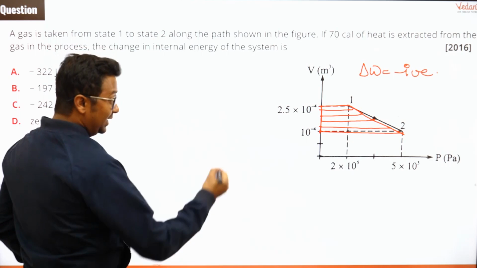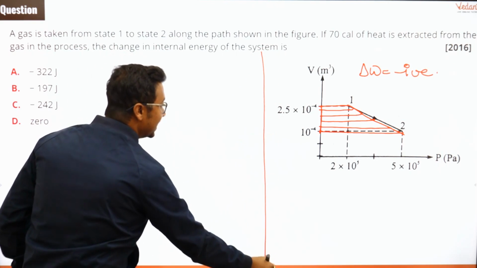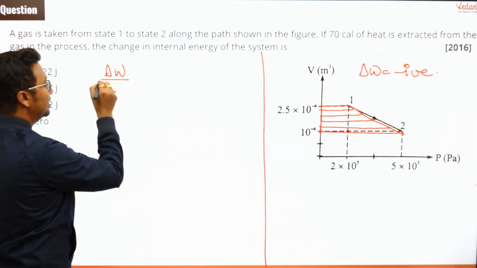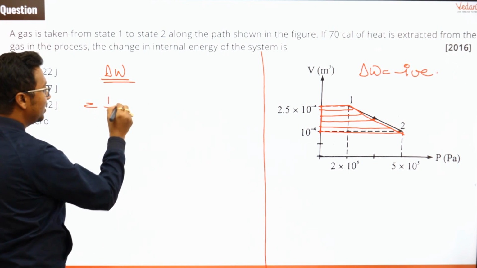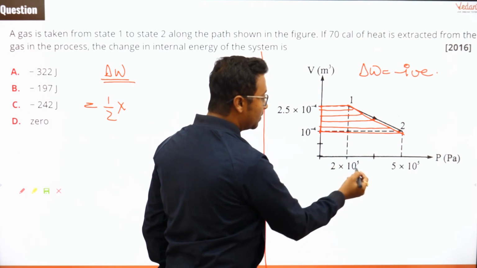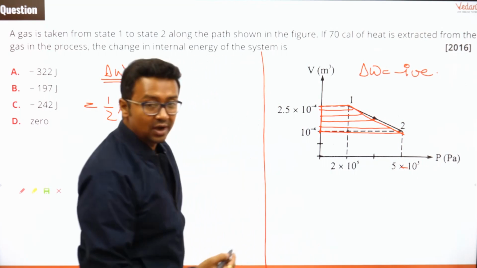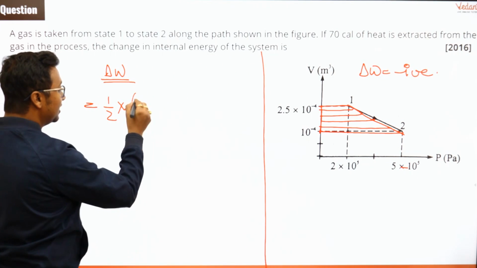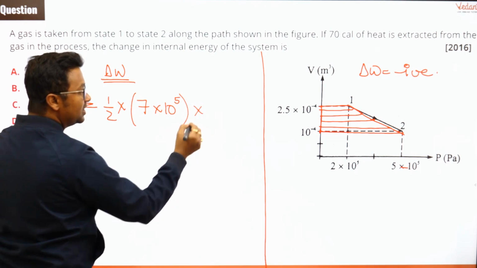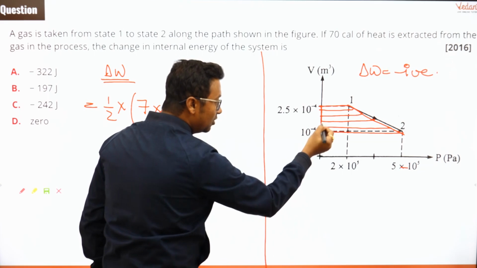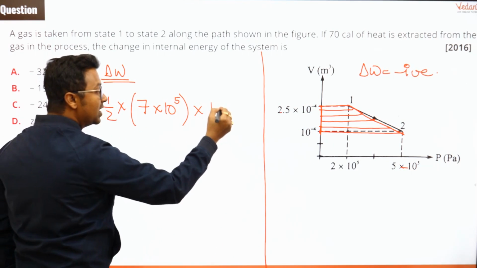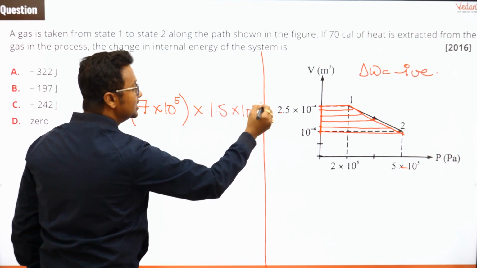Clear? So let us first calculate the area of this particular trapezium. So delta W is equal to half into the sum of the parallel sides, that is 2 into 10 to the power 5 plus 5 into 10 to the power 5. So we can calculate it as 7 into 10 to the power 5 into the distance between them, which is 2.5 minus 1, so that will be 1.5 into 10 to the power minus 4.